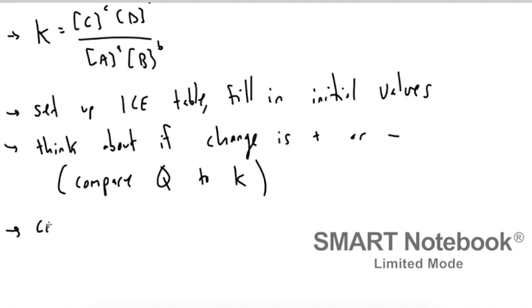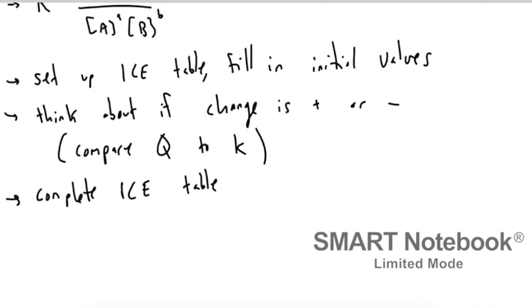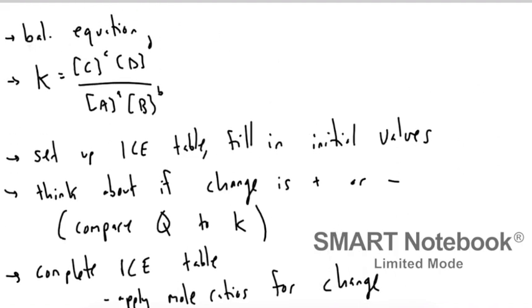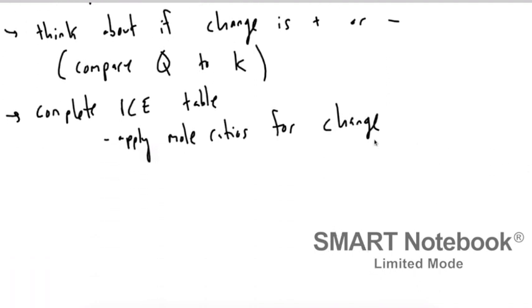You're going to complete the ICE table. Don't forget that you have to apply mole ratios for the change row. That's like the plus x minus 2x thing, depending on what your balanced chemical equation is, what those stoichiometric coefficients are. Use stoichiometry for that. Write expressions for the equilibrium.